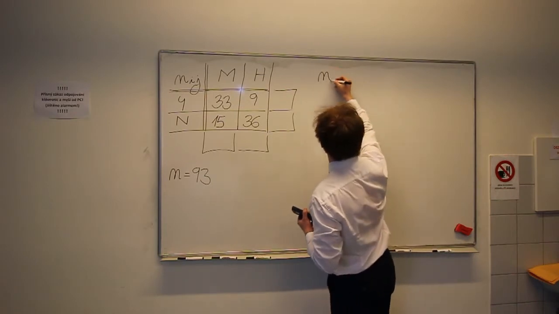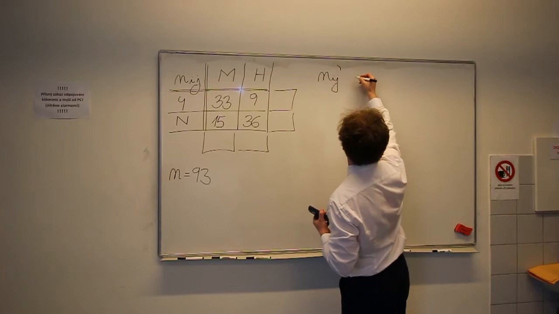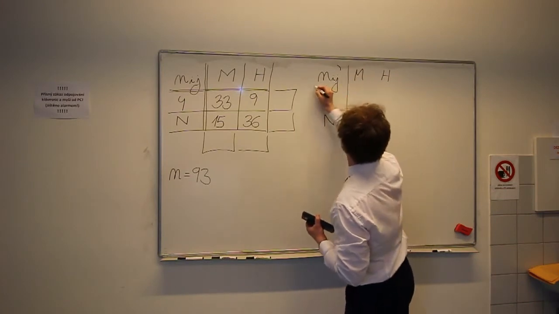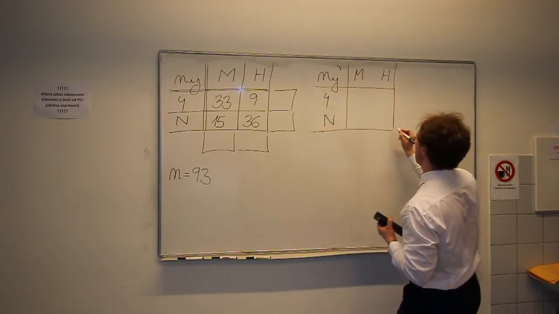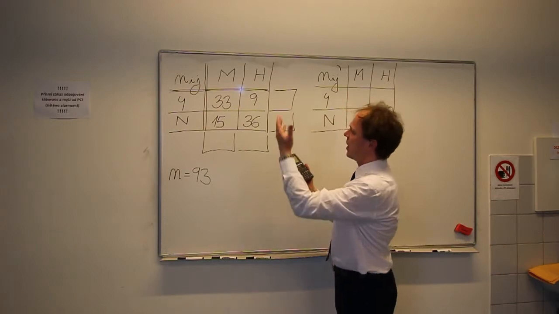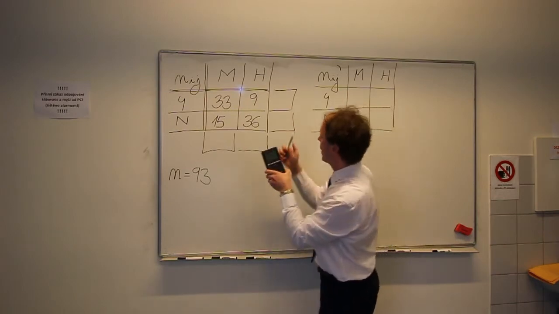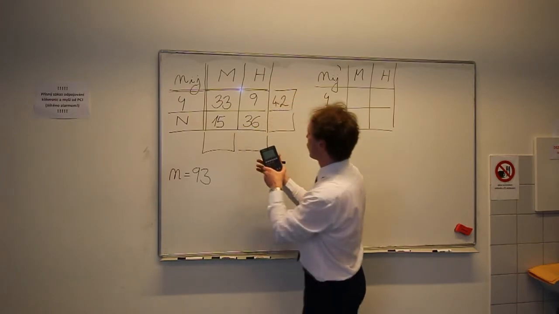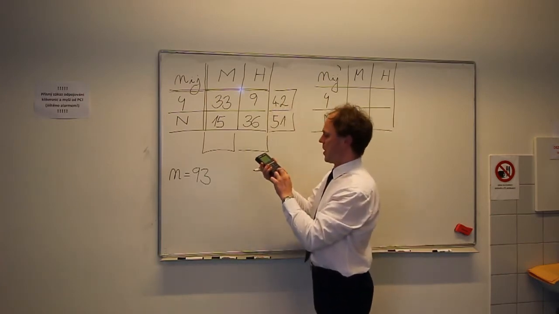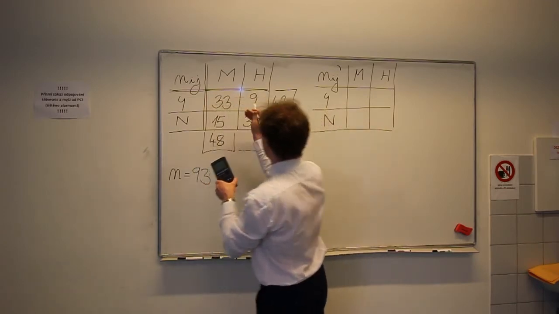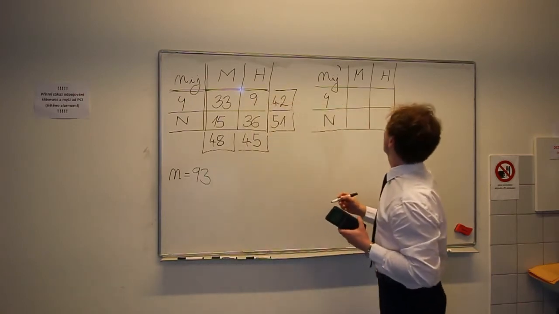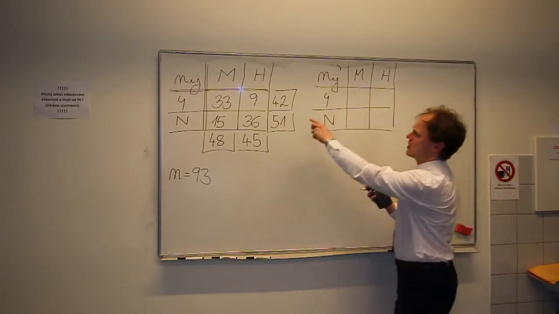So another table will be here. Very fast, the marginal frequencies, the side frequencies: 33 plus 9 is 42, 15 plus 36 is 51, 33 plus 15 is 48, 9 plus 36 is 45.